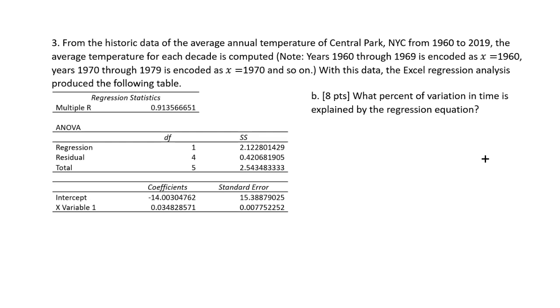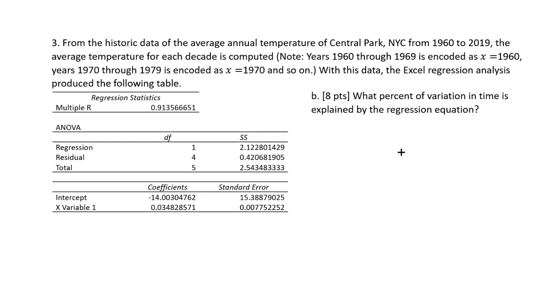Part B, what percent of variation in time is explained by the regression equation? Well, that's coefficient of determination, right? Coefficient of determination determines how much of the variation is due to the regression equation.